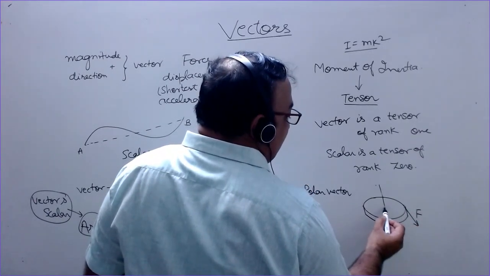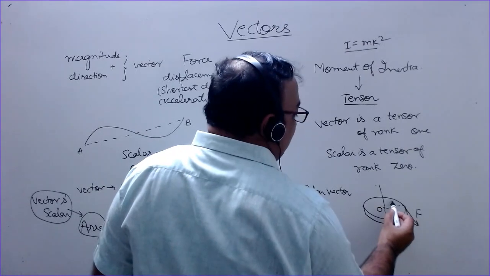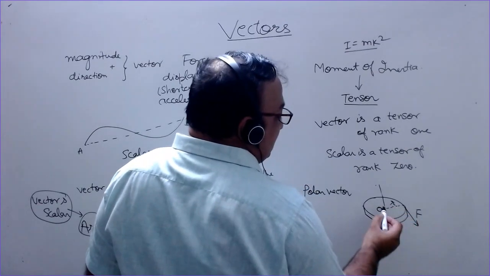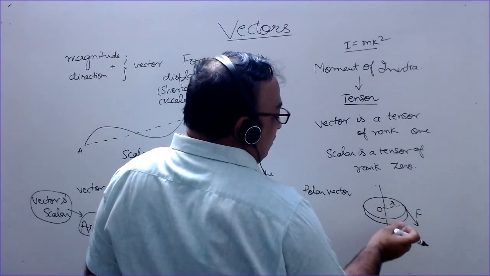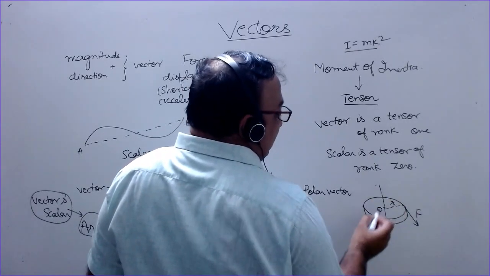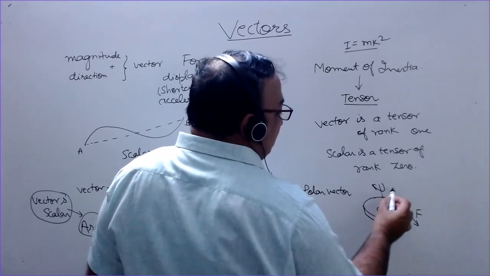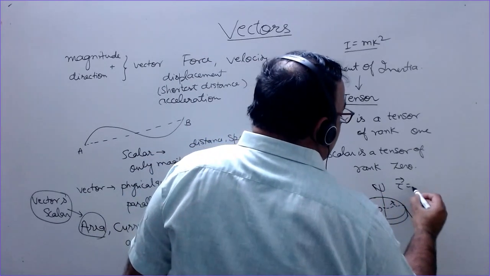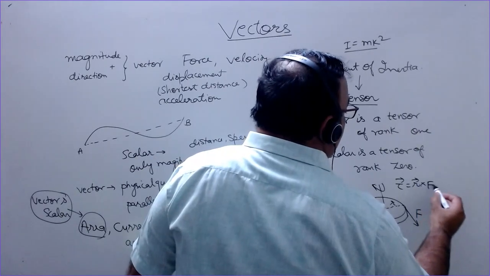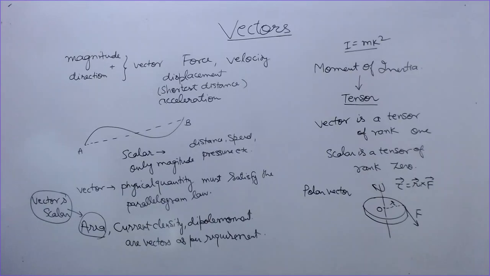About the center of the disk, which is at a distance r from here, I am applying a torque which is equal to the cross product of r and F, and it may rotate the body in this direction. Torque is a vector, which is r cross F. What this cross is, we are going to discuss shortly. So this is a polar vector.